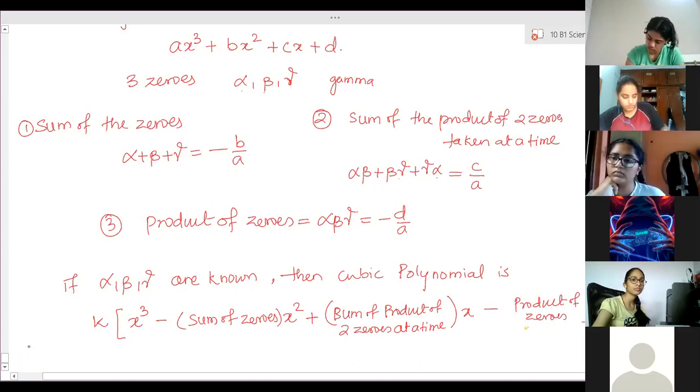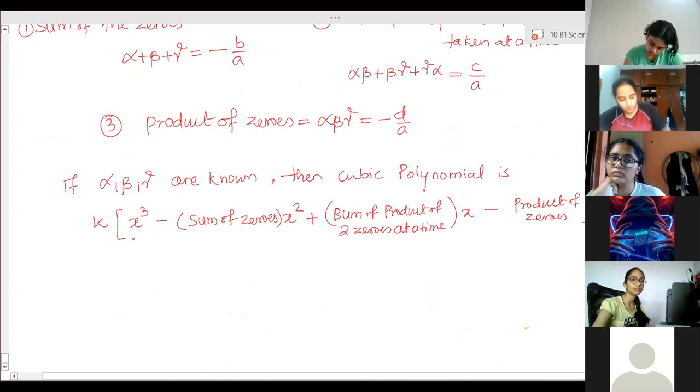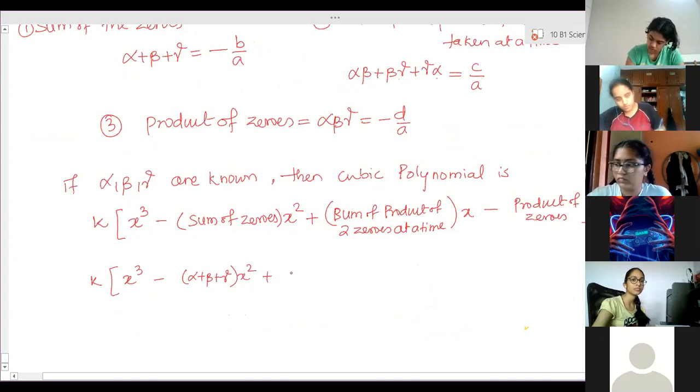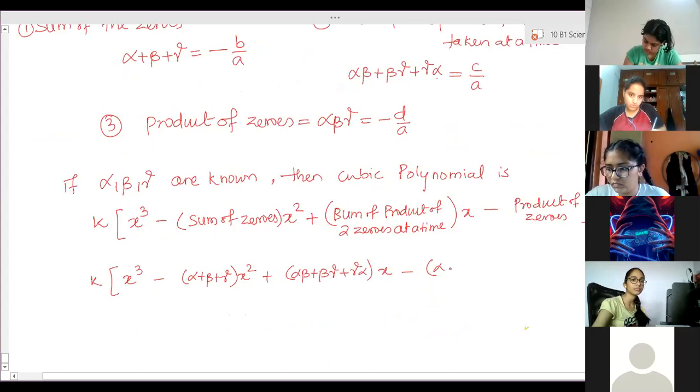So if we know alpha, beta, gamma, you can make the polynomial as k in bracket x cube minus (alpha plus beta plus gamma) x square plus (alpha beta plus beta gamma plus gamma alpha) x minus alpha beta gamma. In this form, you can write the polynomial. Clear?